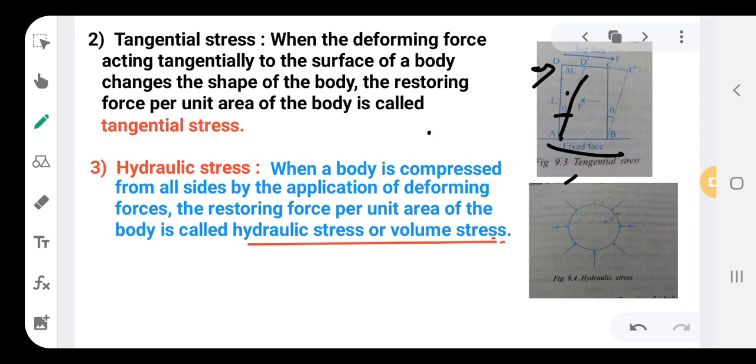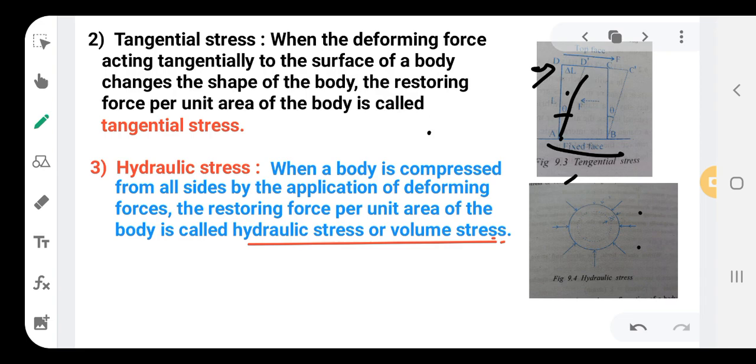Okay, now what is known as the hydraulic stress? Hydraulic stress, or volume stress as we can also call it. When a body is compressed from all sides by the application of deforming forces, the restoring force per unit area of the body is called the hydraulic stress or volume stress. When we take a sphere and apply the force on all the sides, you can see in the diagram, hydraulic stress.